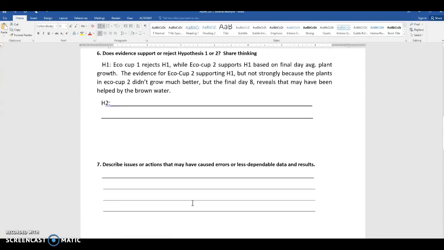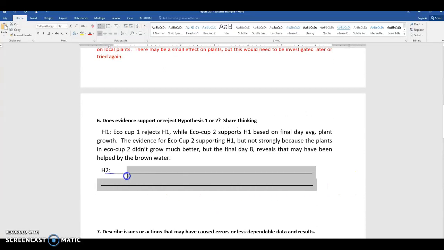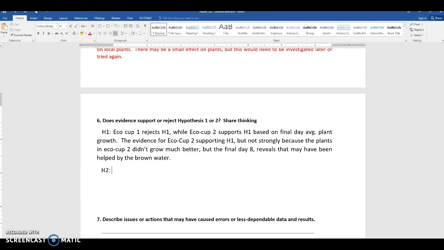So let's go back up to our response here. And you can put: the data rejects or contradicts H2, or hypothesis 2.